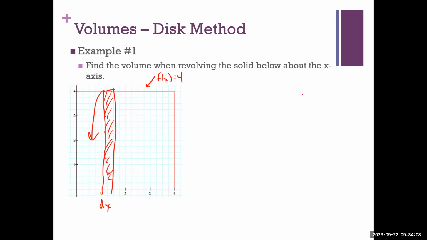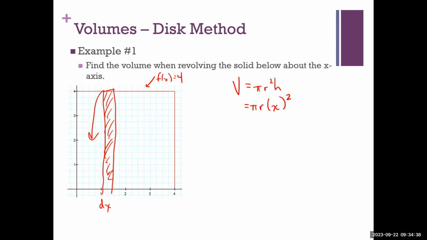So here's what I want to talk about. I want to find the volume of cylinders, which is pi times r squared times height. But how do I turn this into an integral? So let's talk about that. Really what we're going to do is, pi is a constant. The radius in general is going to be a function of wherever this is.